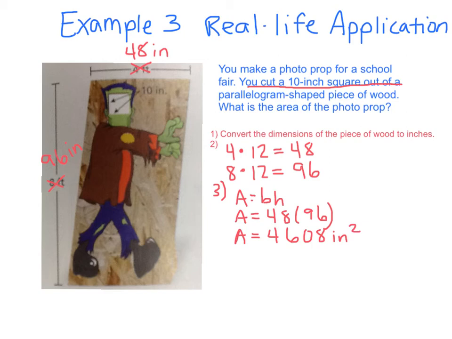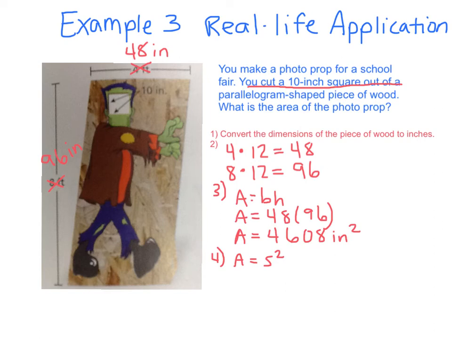The next step that we need to do is figure out what is the area of the square. So you have to use some prior knowledge and know how to find the area of a square. Well, it's just side times side, or side squared. So step 4 is our area of our square. Area equals, for a square, side squared.